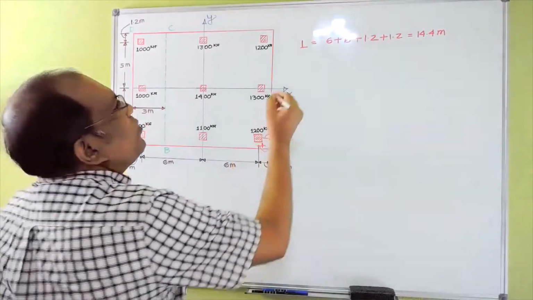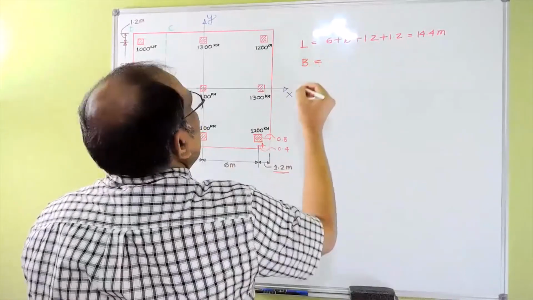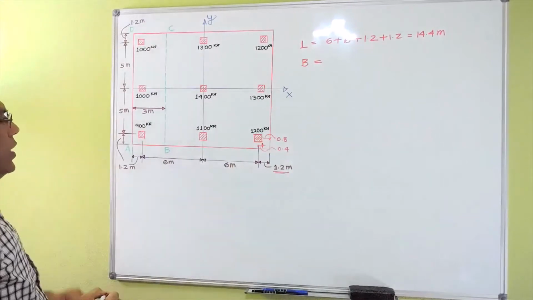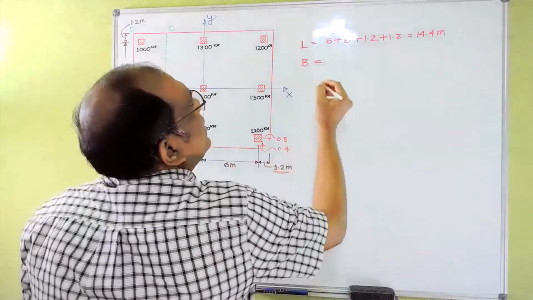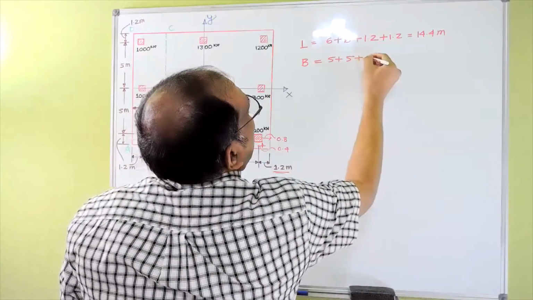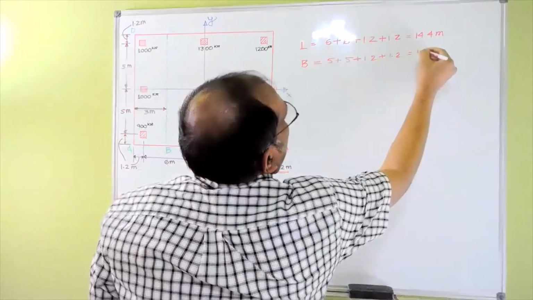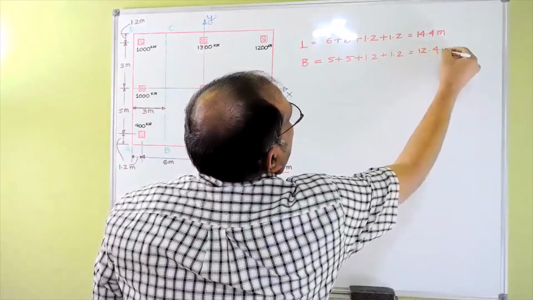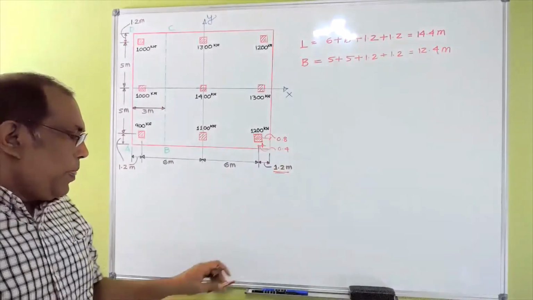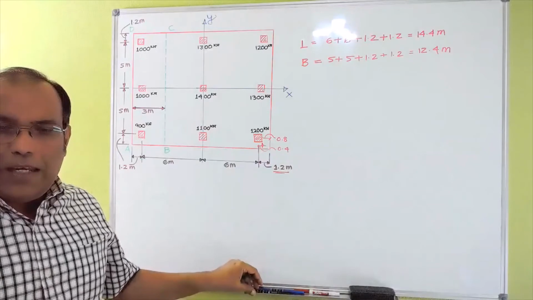Same way you can find your B, which is 5 plus 5 plus 1.2 plus 1.2. That's 12.4 meter.